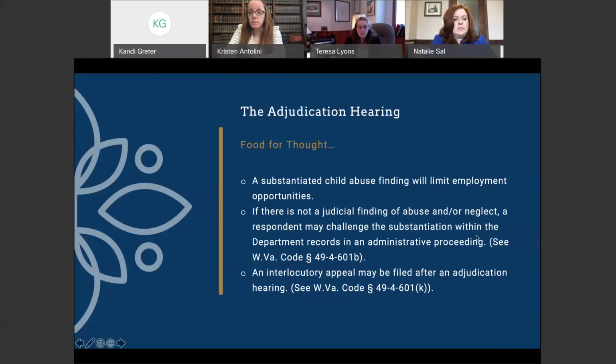So a parent can appeal at that stage, and the Supreme Court does look at that situation. However, the vast majority of abuse and neglect appeals are appeals made after disposition, not at this stage of the proceeding.